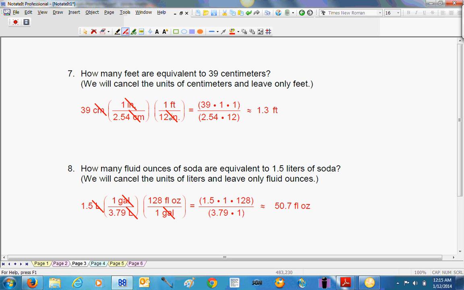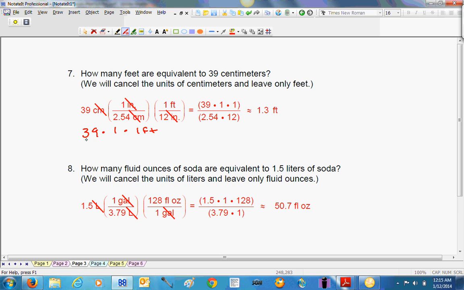Look, inches cancel. So we're left with 1 times 1, but that's feet, 2.54 times 12, and then the top part is times 39. So as we cancel out, let me make this a little clearer for you. We're left with 39 times 1, inches are gone, right? And times here 1 foot.